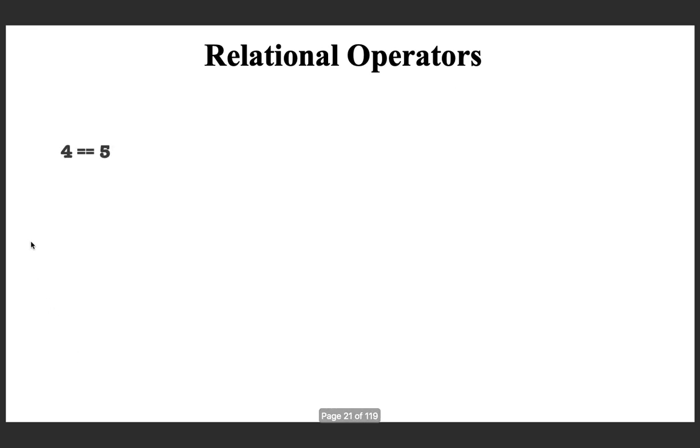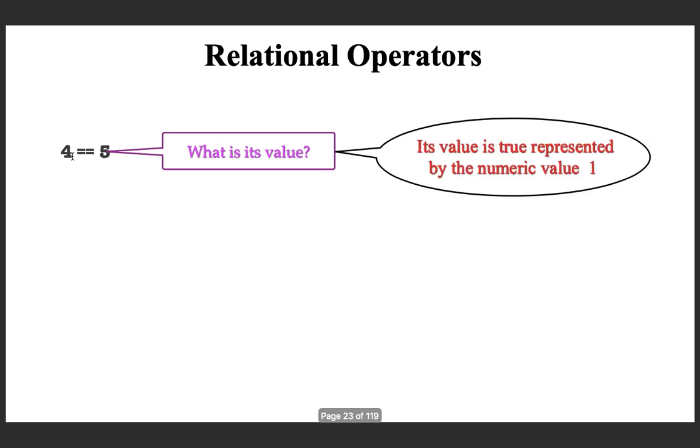The next relational operator that we are going to see is the equality operator. We are checking whether these two are the same. What is the expected value? It must be false. Sorry, it must be false because there is a typing mistake. I will correct it. Because 4 is not equal to 5. Next is inequality checking. We are checking whether 4 is not equal to 5.